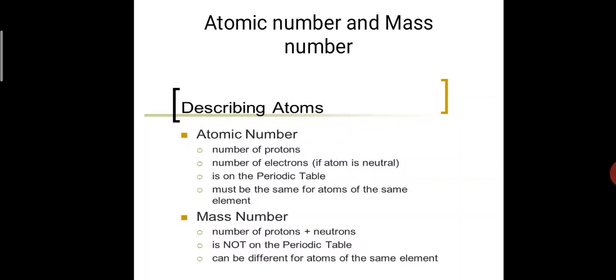If I am asking you to calculate the mass number, you have to do the sum of the number of protons plus the number of neutrons. Is it clear, children? Okay.